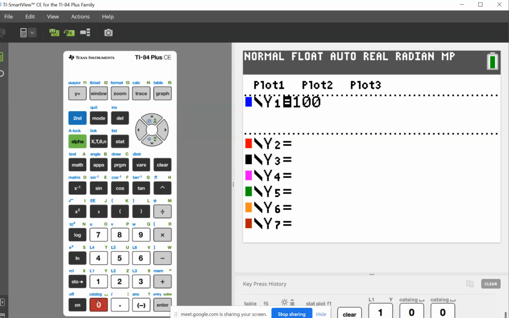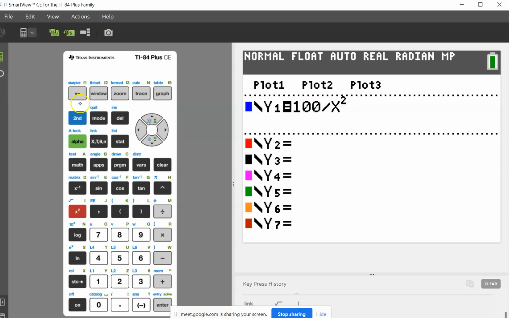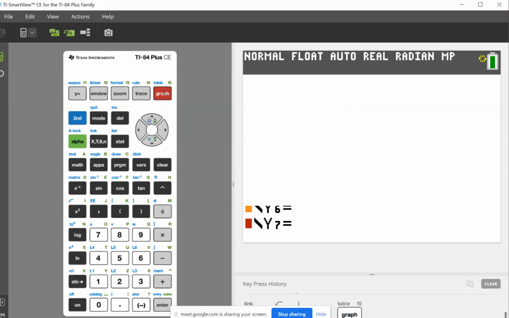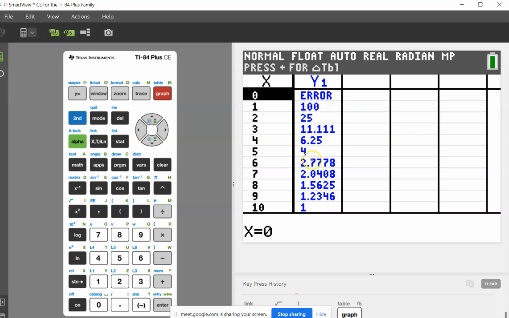We could do 100 divided by x squared, second, table, look in the right-hand column, and there is a 1. It's a perfect square root. It's a 10. So the first thing I want you to see is if you simplify and it does have the 1, it is a perfect square root, cube root, 5th root, 10th root, whatever root value you're doing.